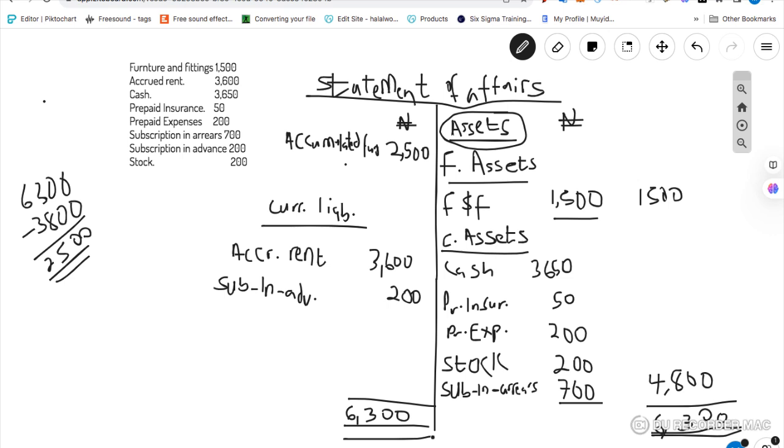Now, in this question, please note there is no long-term liabilities. Okay, so we do not prepare anything for long-term liabilities, and that is the reason why we only prepare for current liabilities.